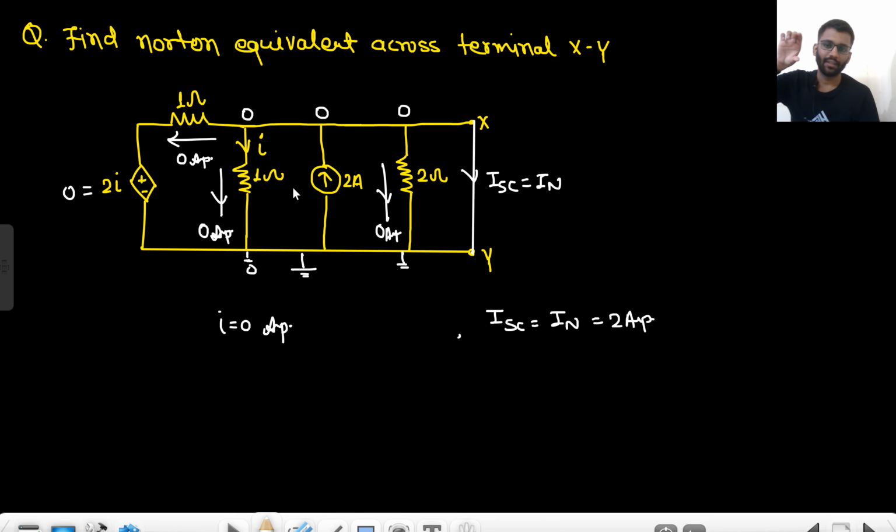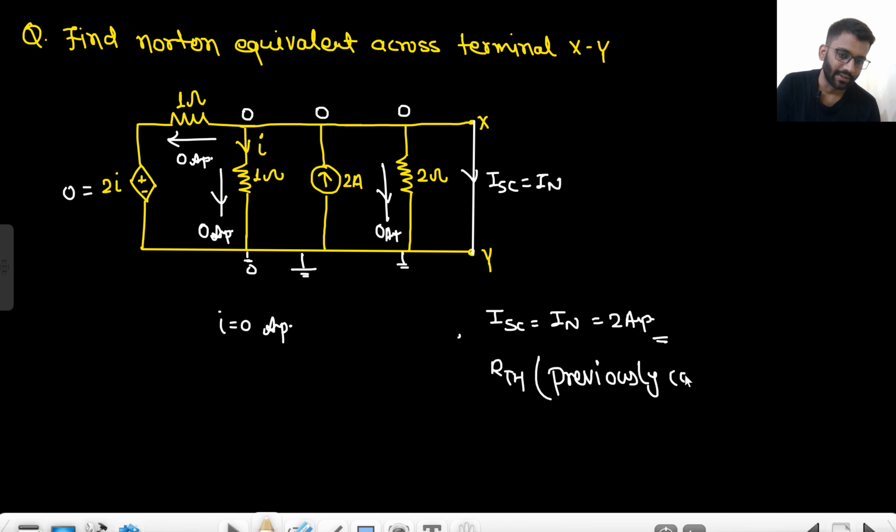So 0 current in the 2 ohm resistance, 0 current in the 1 ohm resistance. The current in the 1 ohm resistance is I, so the value of I goes to 0 ampere. That's why this voltage source also goes to 0 volt. So 0 ampere current, 0 ampere current, 0 ampere current. Only 2 ampere current is coming. So your short circuit current is 2 ampere. We have calculated RTH previously. We have already calculated it.